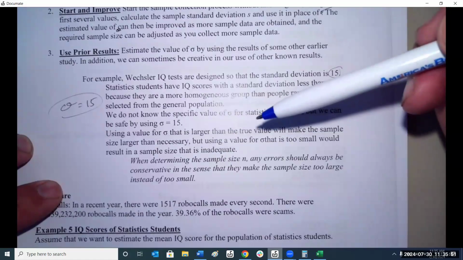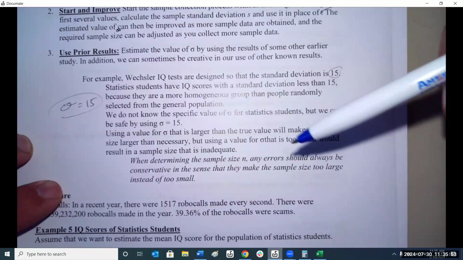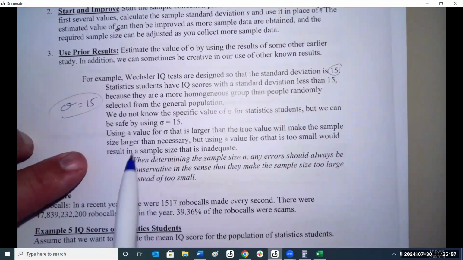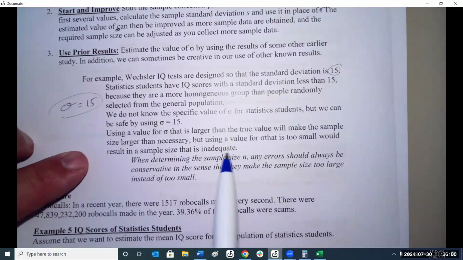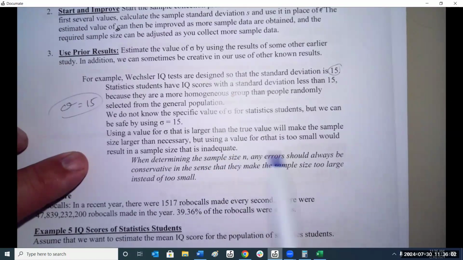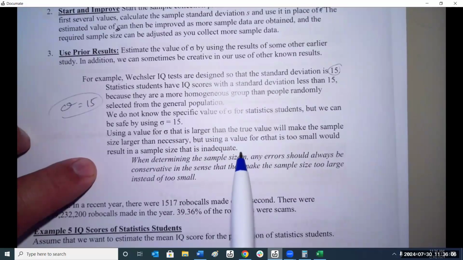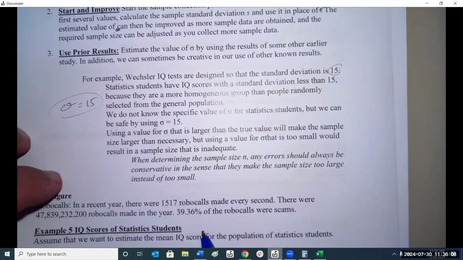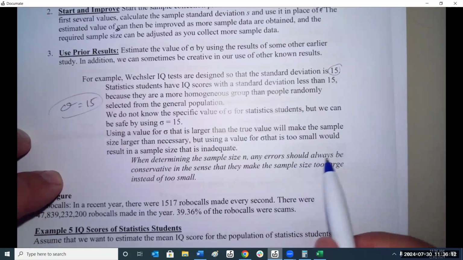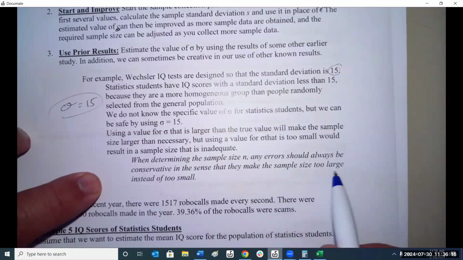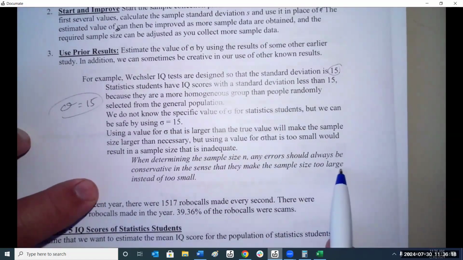Using a value of rho that is larger than the true value will make the sample size larger than necessary, which is better. But using a value that's too small will give you a very inadequate sample because we're going to underestimate it. So when determining the sample size n, any error should always err to the larger side. Always go too big rather than too small.